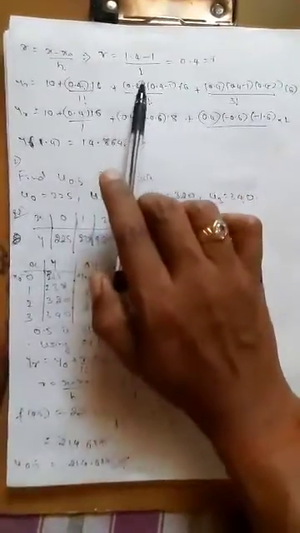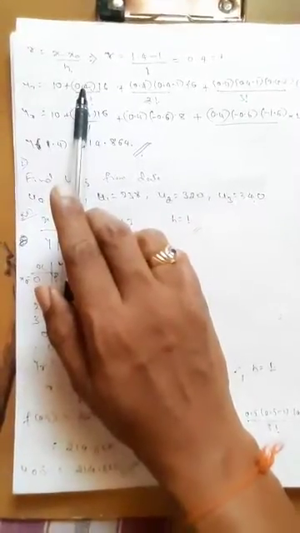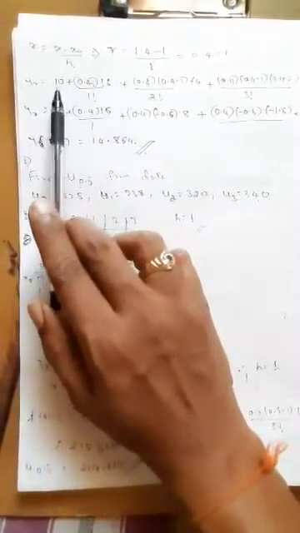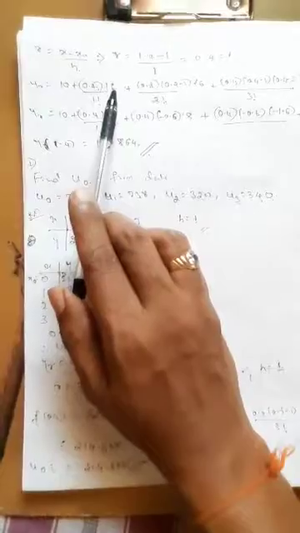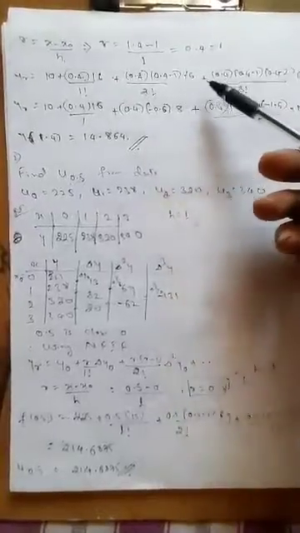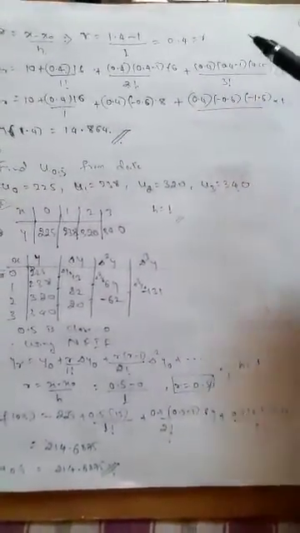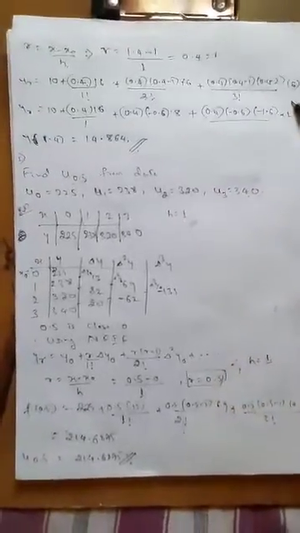We use that 0.4 in the Newton forward formula, replacing r wherever it appears, along with the differences. So 10 plus 0.4 into 16 by 1 factorial, plus 0.4 into 0.4 minus 1 by 2 factorial into 16, plus 0.4 into 0.4 minus 1 into 0.4 minus 2 by 3 factorial into 6.